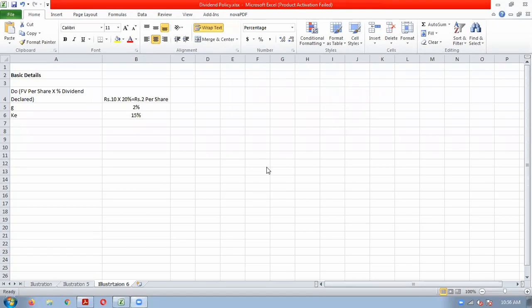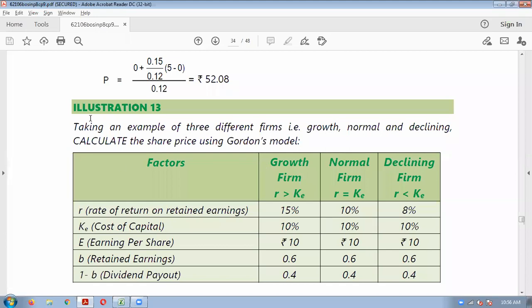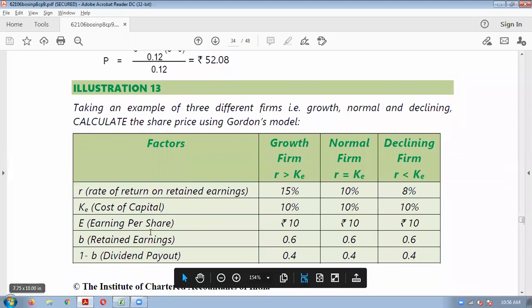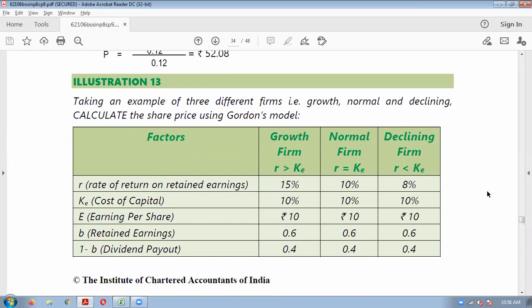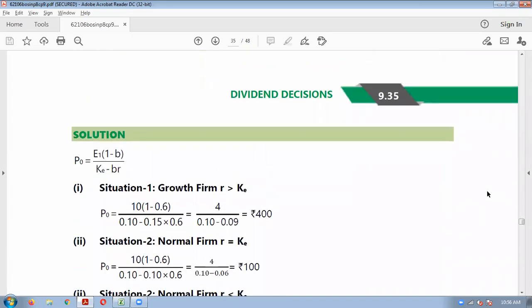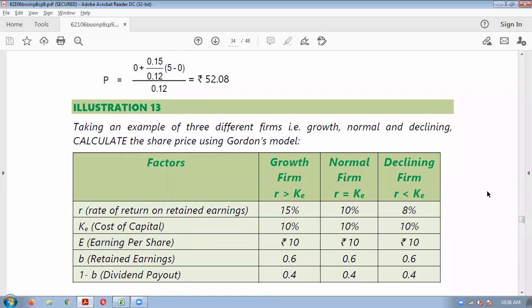Now in this question, read question number 13. If you see here, dividend is not given. D0 is not given. Here earnings per share is given. Using this data also we can find out the market price using Gordon's growth model. So this is another formula for Gordon's model.